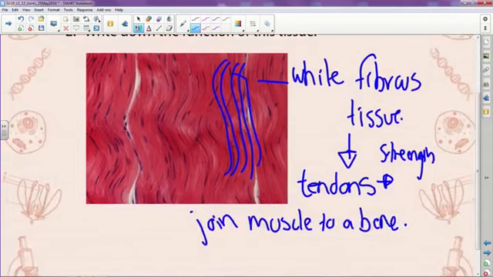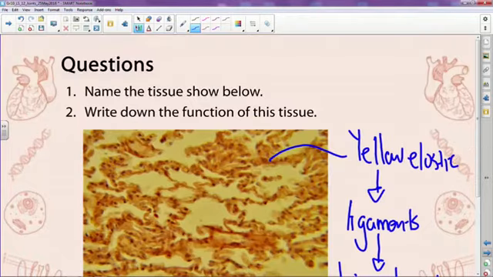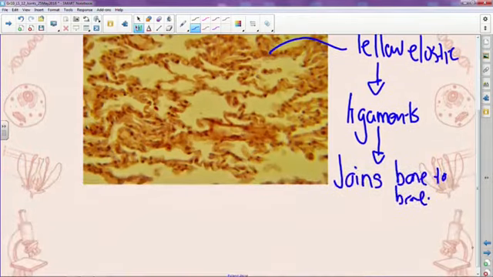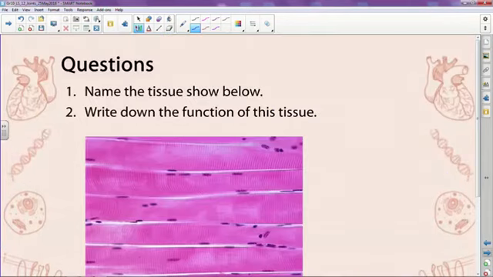We've got these white fibrous tissues which make up our tendon, and that is where a muscle joins to bone. And our next one is our yellow elastic, and that makes up our ligaments. And remember what the function of a ligament is: bone attaches to bone. I hope you guys can see where this is going.